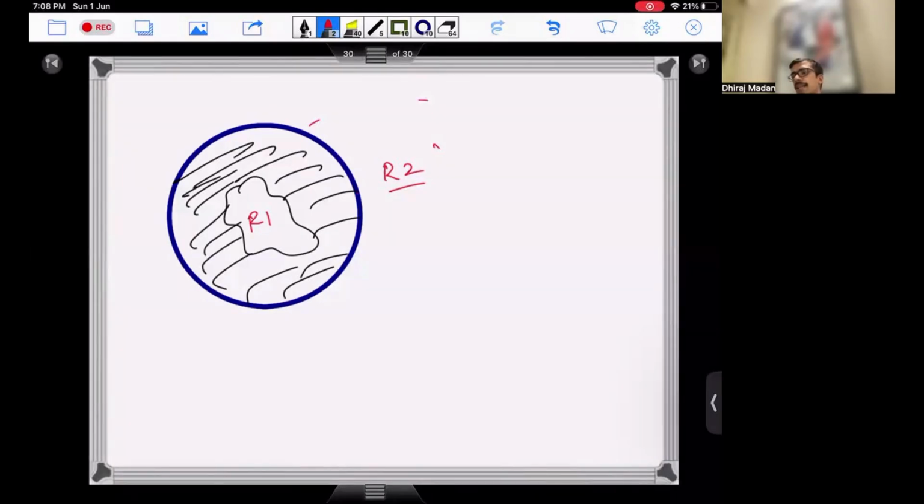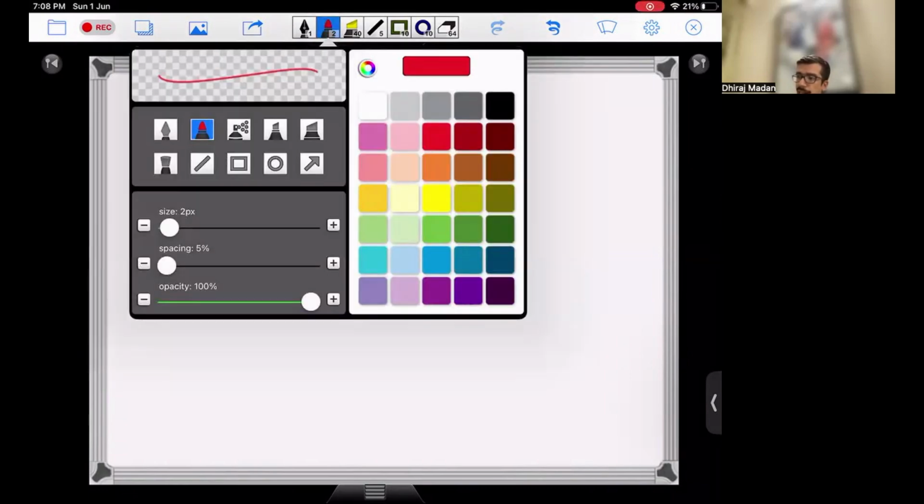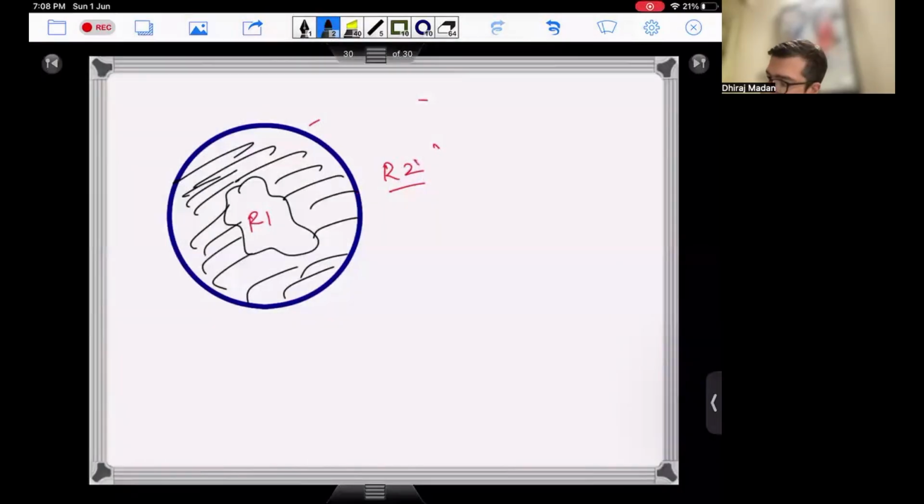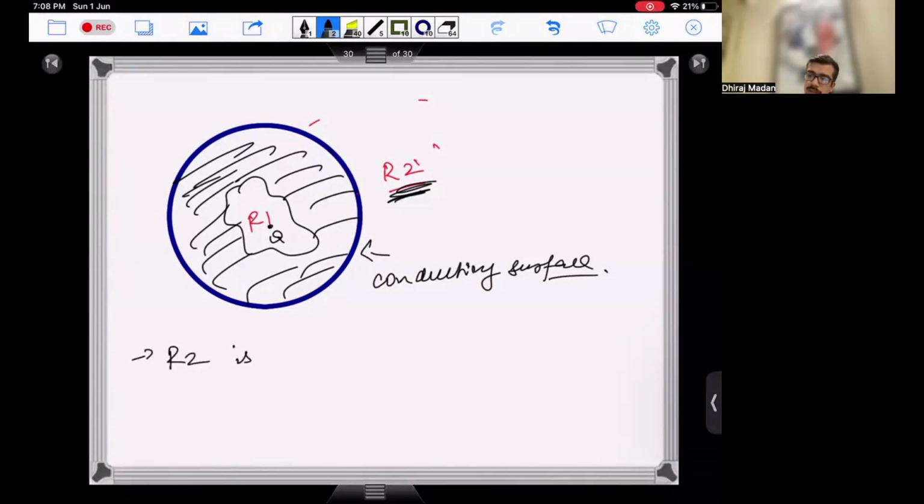If you see, there is no charge first of all inside this region R2. If I want to compute the electric field within the region R2, what I need to know is that this region R2 is bounded by this conducting outer surface.